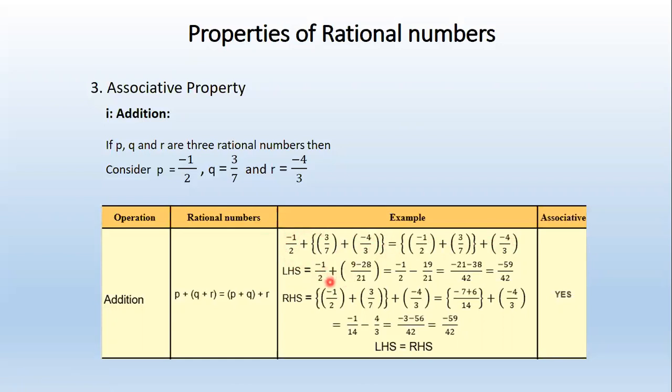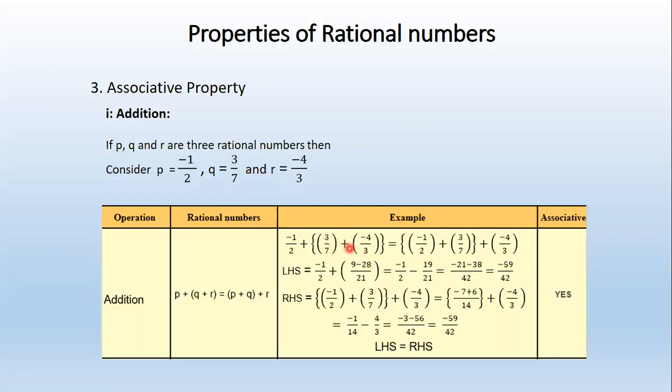So LHS is minus 1 by 2 plus, and we are adding. First we have to use the bracket, that is, we have to use the BODMAS method to calculate. So first we'll calculate the bracket. When we add these two rational numbers, as I said, multiply the denominators: 7 3s are 21.